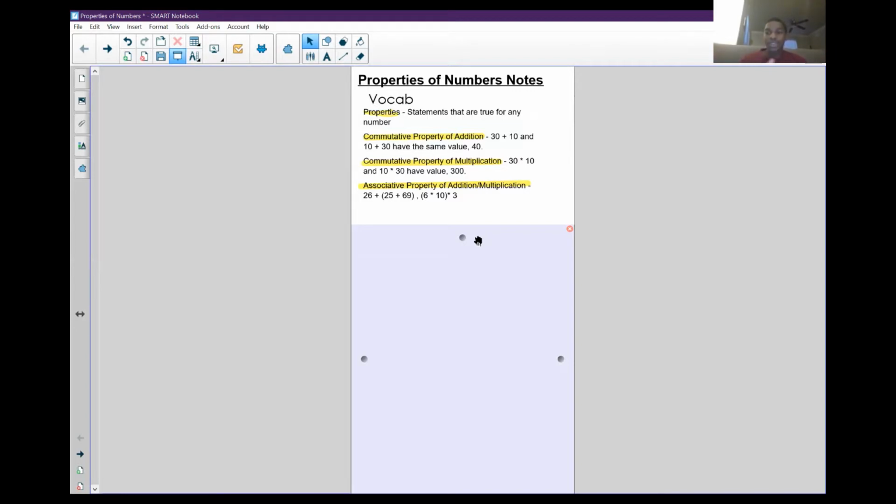15 equals 15. Or, I'm actually going to draw this. We'll see how this works. Let's do 55, if it's going to write. I hope so. It is not.